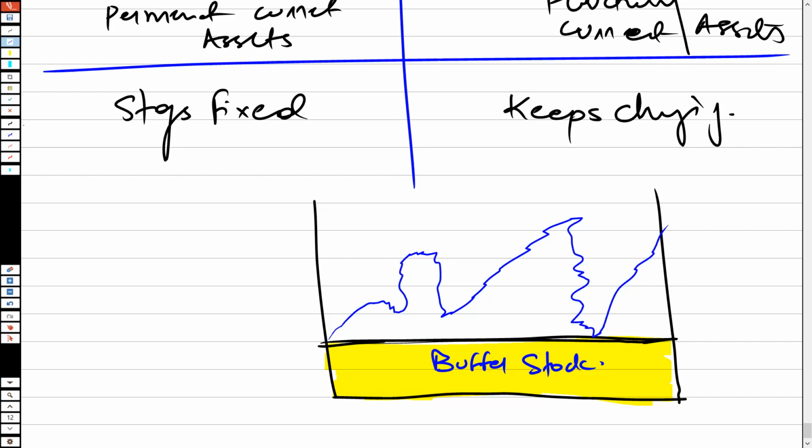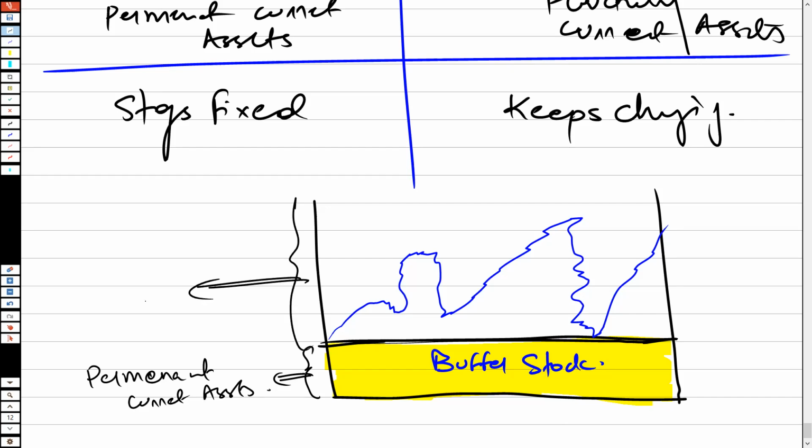This portion is going to be termed as permanent current asset, and this portion is going to be considered as fluctuating current assets. So I repeat, one of the portions is gonna be considered as permanent current asset, and the other portion is gonna be the fluctuating current asset.